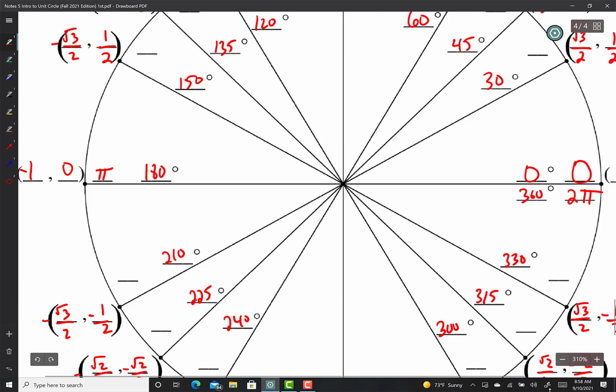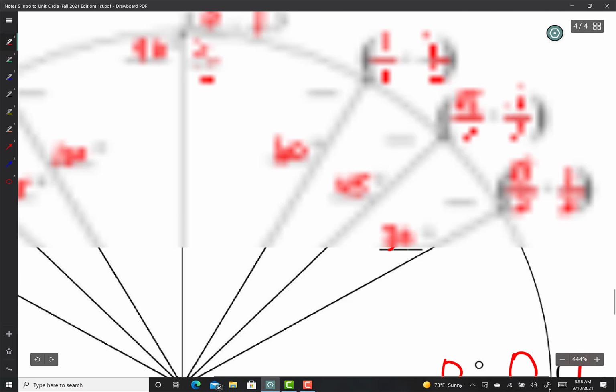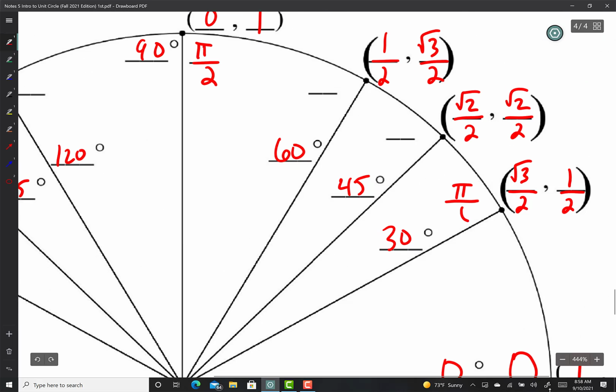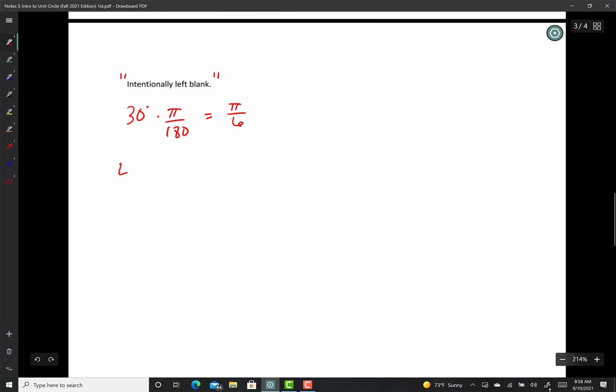That's what you're going to fill in. So go over here and type pi over 6. Do the same thing for 45. Let's go over here so we can keep it nice and neat. 45 degrees times pi over 180. Well, 45 plus 45 is 90, and 90 plus 90 is 180. So that is 1 out of 4 sections. So pi over 4.